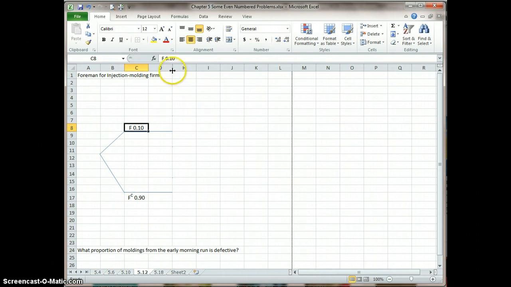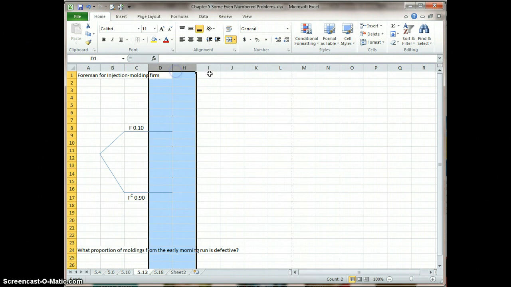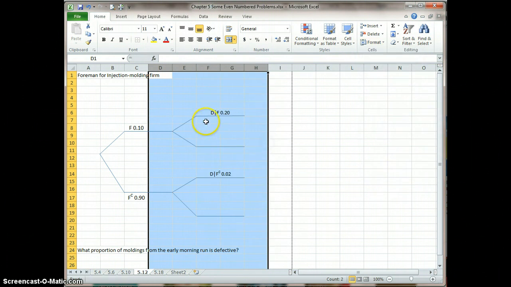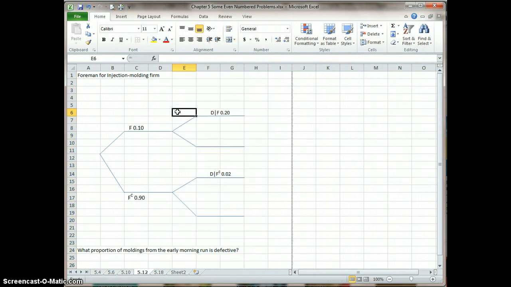Now what I want to do here is, you see it goes from D to F, so I'm just going to highlight this and under Format choose Visibility, Unhide Columns, and I extended out this.